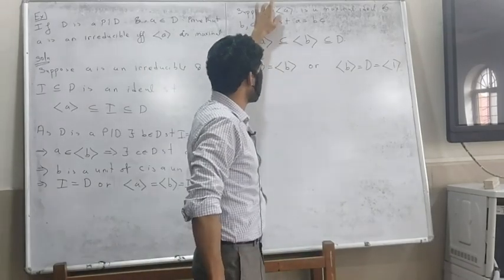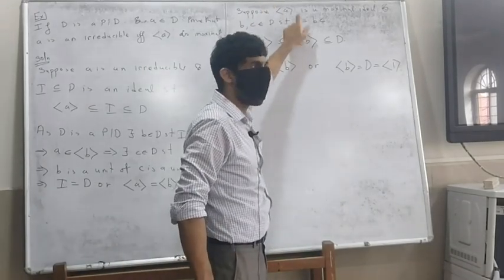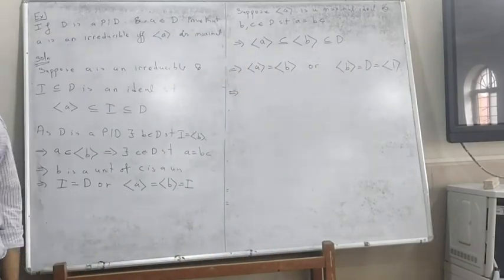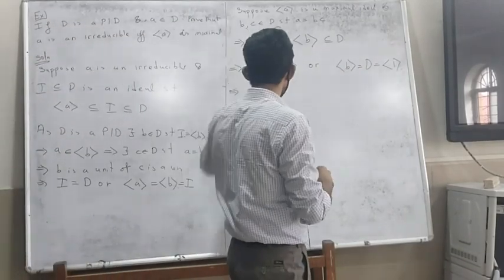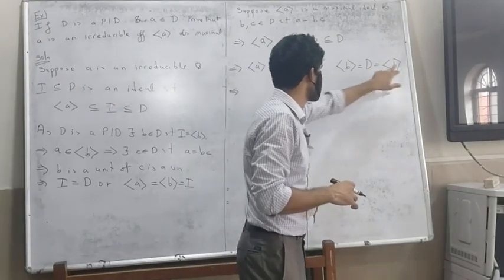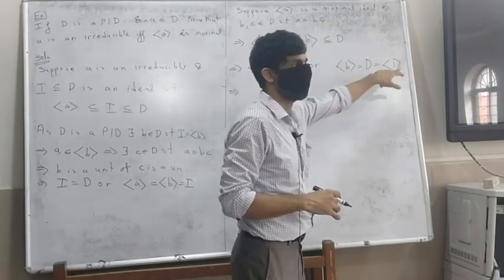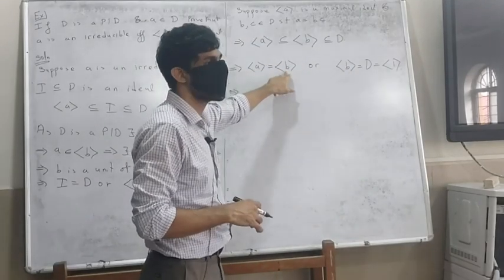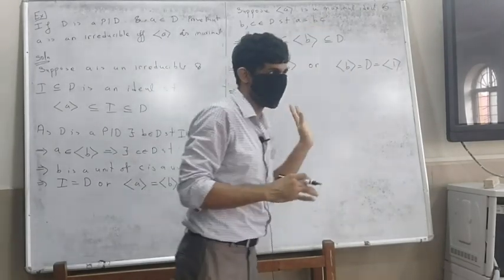Since we don't allow maximal ideals to be 0, A cannot be 0 and hence B cannot be 0, so you can cancel. So this will tell you that B is a unit, and this will tell you that C is a unit.